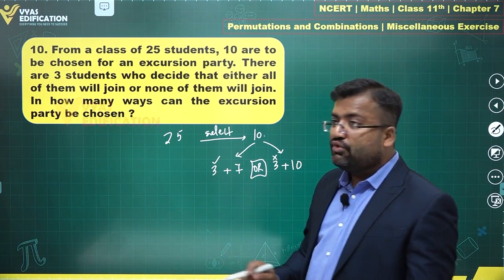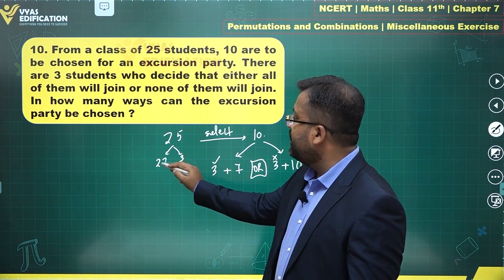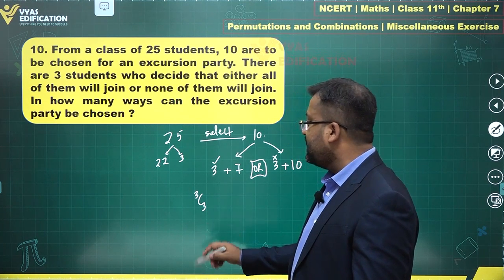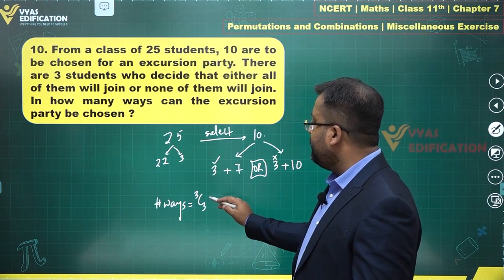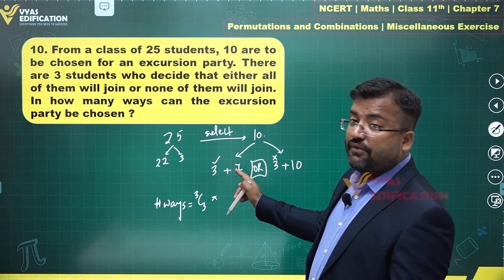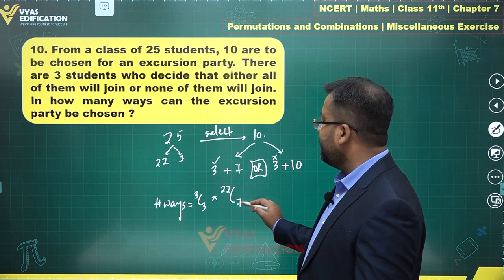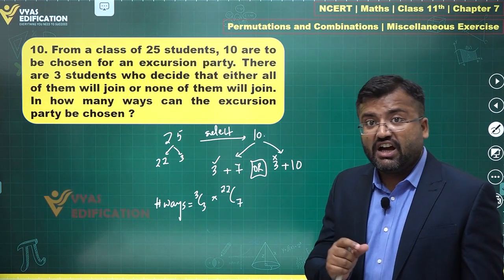If you have selected those 3 people out of 25, there are 3 and remaining 22. If you have selected 3 out of 3, that is actually 3C3 ways. Number of ways will be 3C3 times you'll have to select 7 out of the remaining 22. This is 22C7. That's the number of ways for this particular case when those 3 are chosen.